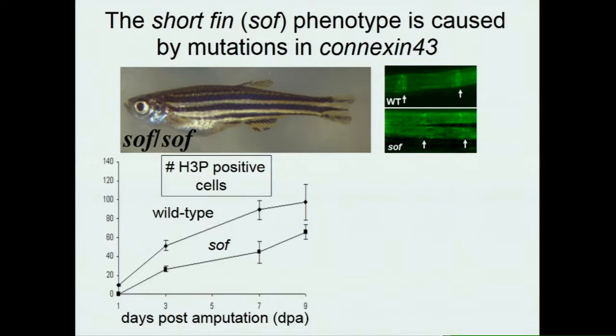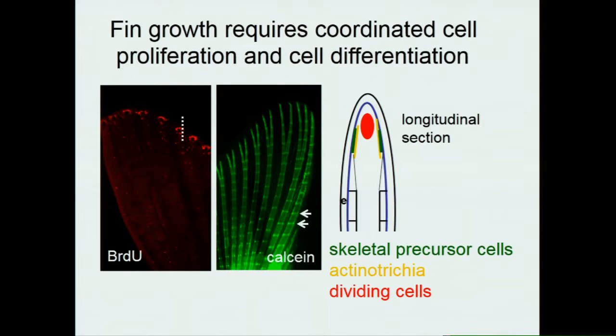What I wanted to show you on the previous slide is that the fin grows by proliferation that occurs distally through the addition of new segments. In a longitudinal cross-section through a single fin ray, those proliferating cells are located in the medial mesenchyme, the red cells on the cartoon.